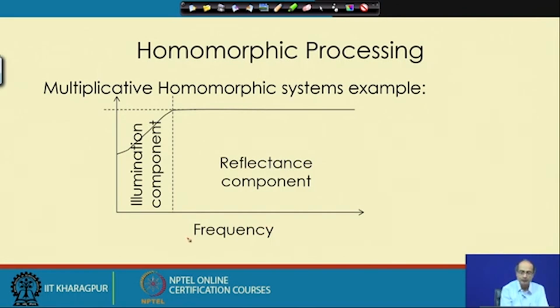So the reflectance component is in the high frequency domain, whereas the intensity is slowly varying. So we can use simple filtering to separate them in the homomorphic domain, and thereby remove the low frequency part and get only the reflectance component, which talks about the anatomy of the gray matter of our brain.